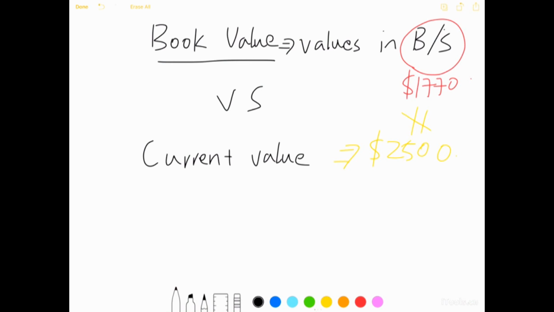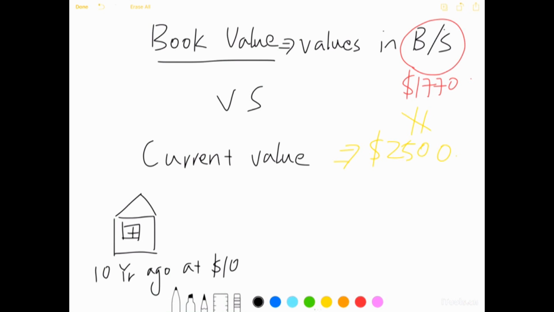The concept can be easily illustrated through one example. Say you bought a house 10 years ago at $100,000. After 10 years, which is right now, the present, the asset is still going to be recorded as $100,000 on your balance sheet, assuming there's no depreciation.